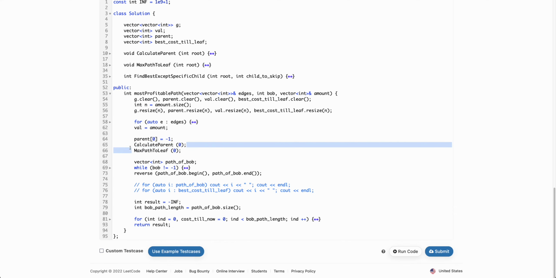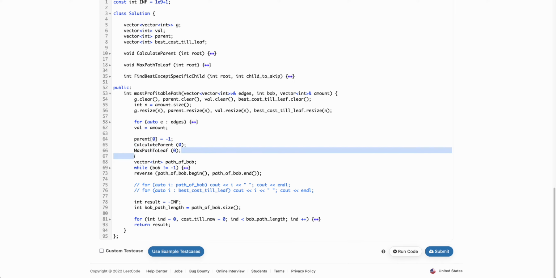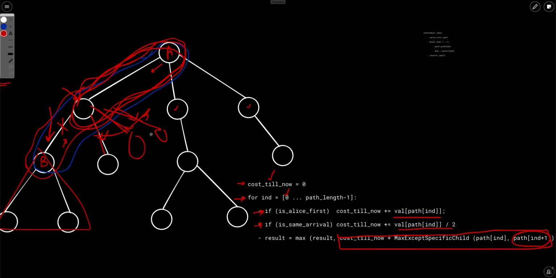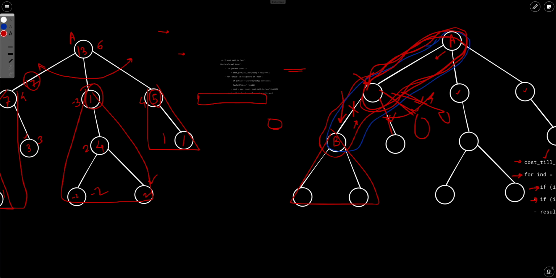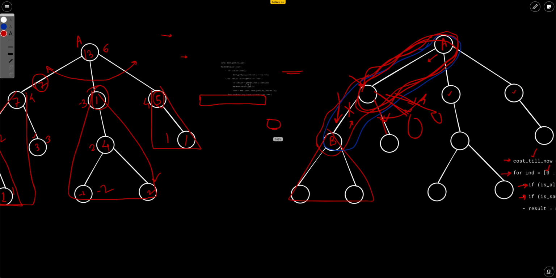Now once you have the parent of each node, these two can be done in a single DFS as well. This is just for simplicity to make you understand things. So once you have calculated the parent of each node, you just need to find out the maximum path to leaf, basically this particular algorithm that we discussed.